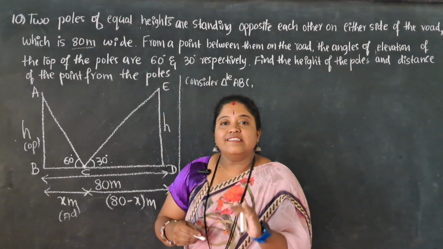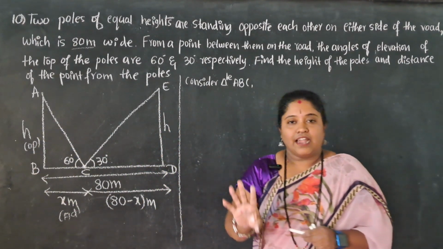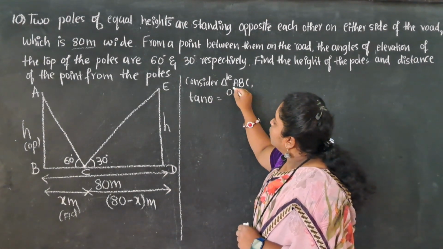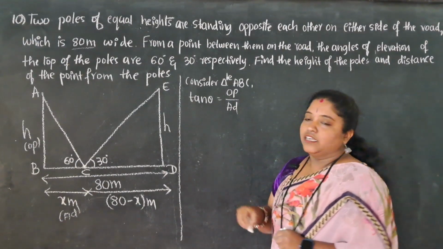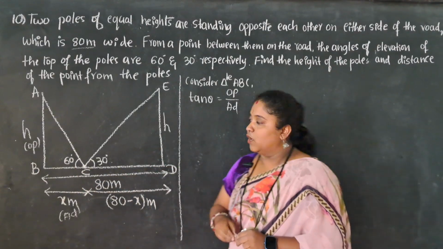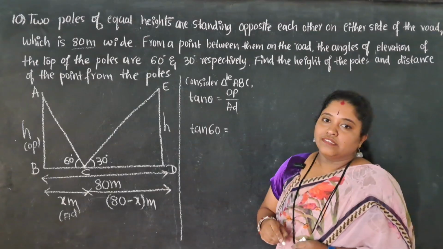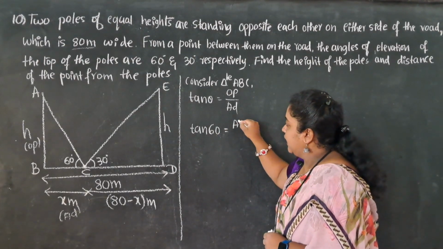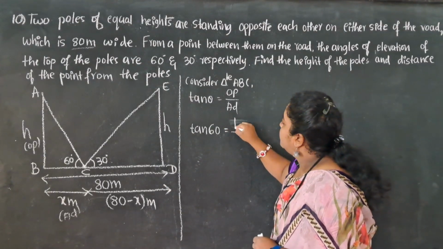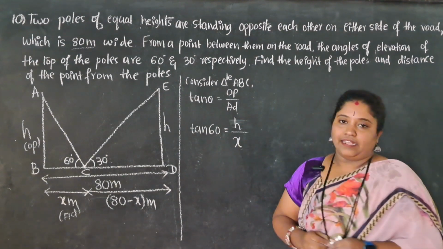Now, which is the trigonometric ratio that gives the connection between opposite and adjacent? None other than tan theta. So I'll write here tan theta is equal to opposite divided by adjacent. Theta is 60 degrees, as provided in the question. So tan 60 is equal to opposite, AB, which I have named h, and adjacent, which I have taken as x.